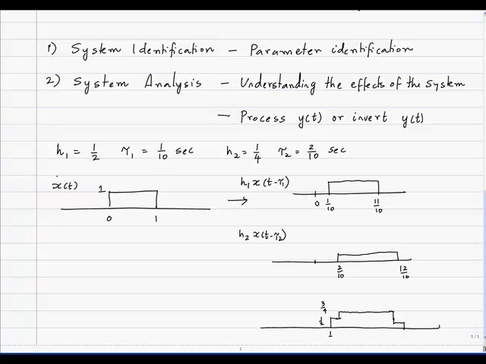So this is 1 over 10, this is 2 over 10, this is 11 over 10, and this is 12 over 10. The height here is 1/4. Zeros elsewhere. So that would be the received signal. I hope it makes sense. You can even verify by plugging in some values of t that you actually get y of t to be equal to h1 times x of t minus tau1 plus h2 times x of t minus tau2.